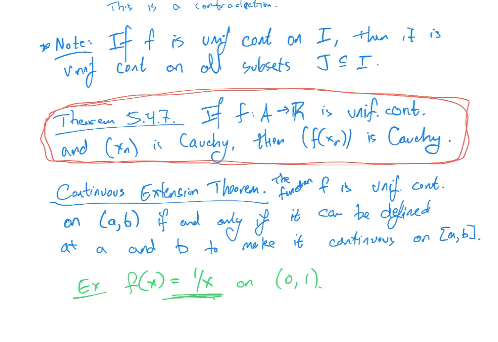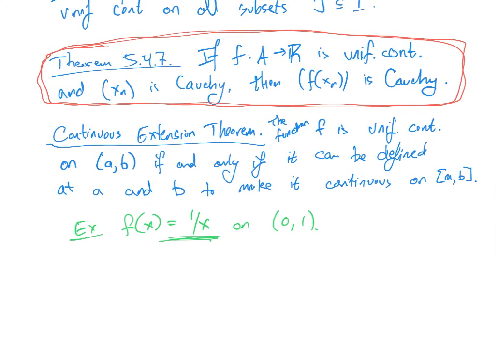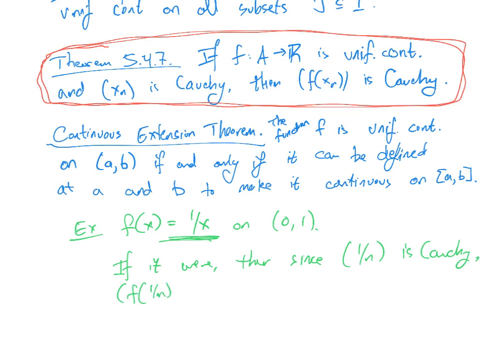You should instead go to this theorem 5.4.7. If it were uniformly continuous, then since the sequence 1/n is Cauchy, the sequence f(1/n) would also be Cauchy.